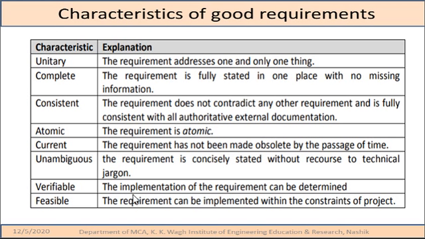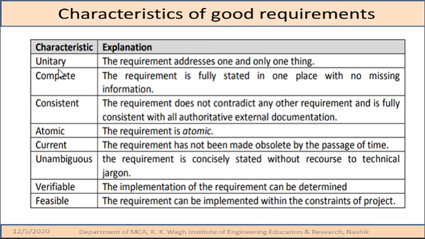It should not vary from one place to another, and whenever we require it, we can easily get and use it. Then feasible: the requirement can be implemented easily within the constraints of the problem definition.